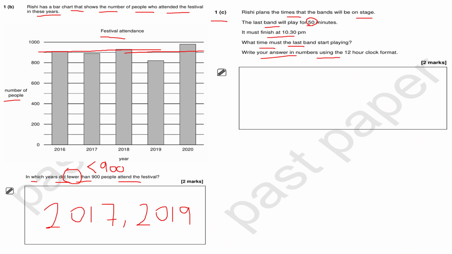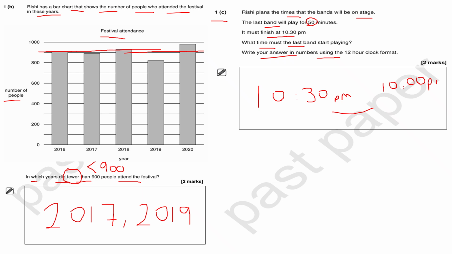So if we're working in 12-hour clock format, I'm going to work backwards. If I go from 10:30 p.m. to 10 p.m., I've subtracted 30 minutes. Now 30 to 50 is another 20 minutes.